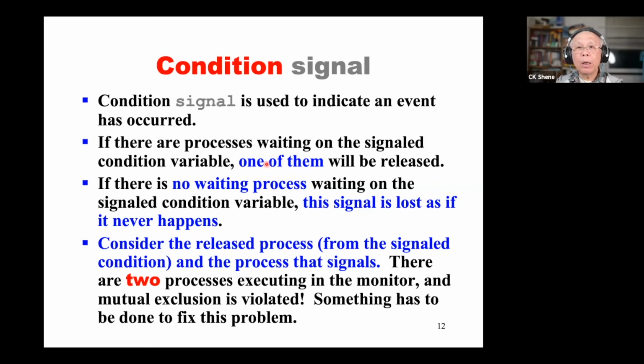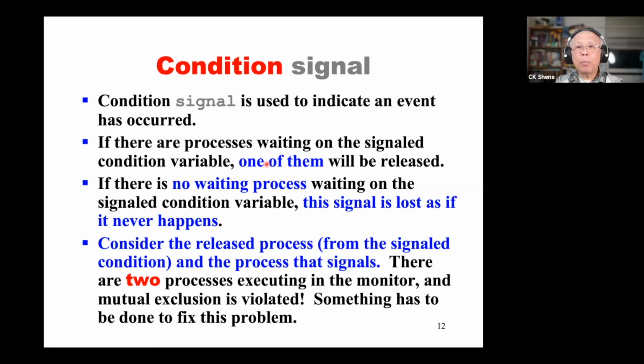Let me quickly go over it again. A process executing in a monitor, for some reason, causes an event to happen. So that process executes a condition signal. And if someone is waiting on that condition variable, someone will be released.